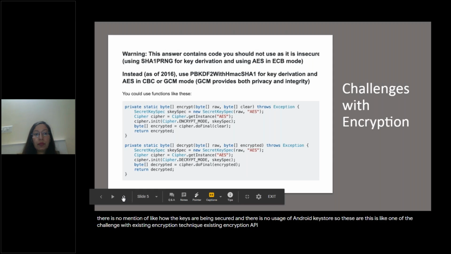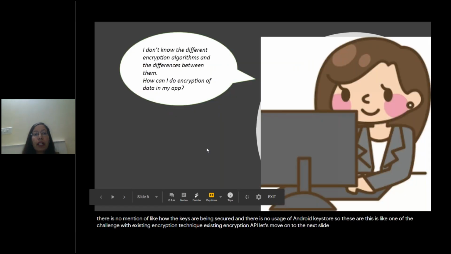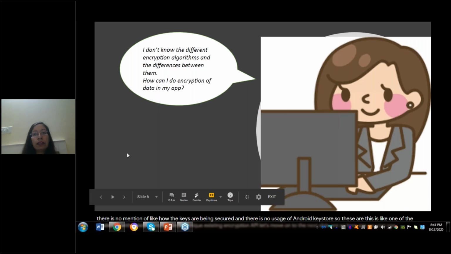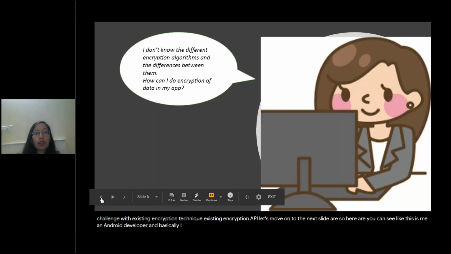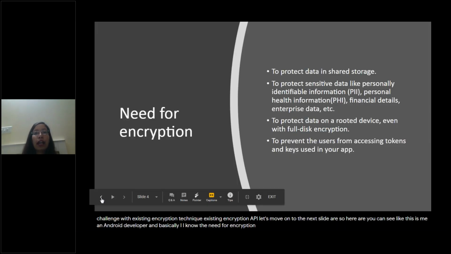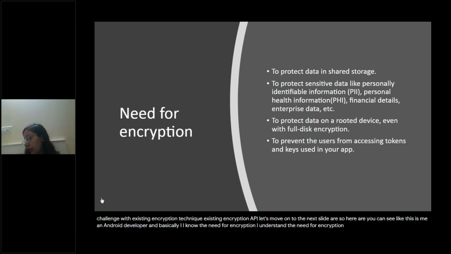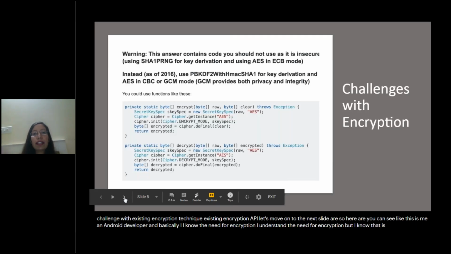So let's move on to the next slide. Here you can see this is me, an Android developer, and I understand the need for encryption, but I know there is a challenge with the existing encryption process.